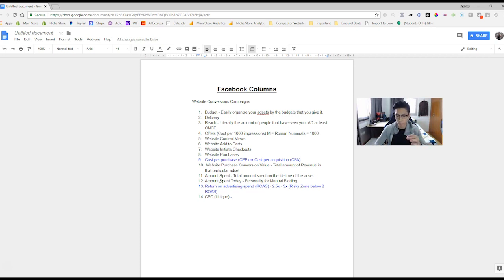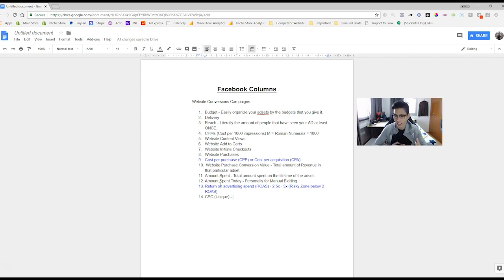Why? It's because, let's say I click on your ad 3 times, okay? If you were to choose the other metric, Facebook is gonna count the same person clicking multiple times. It is gonna register as 3 times.